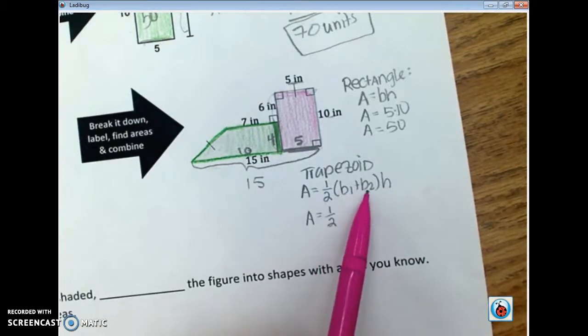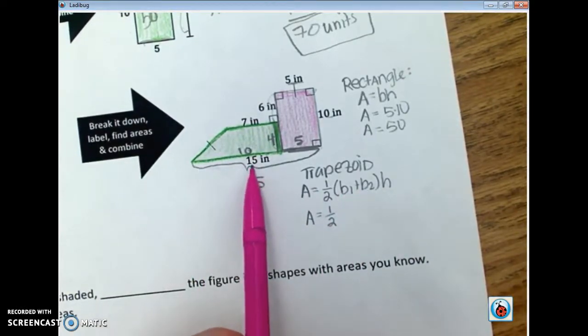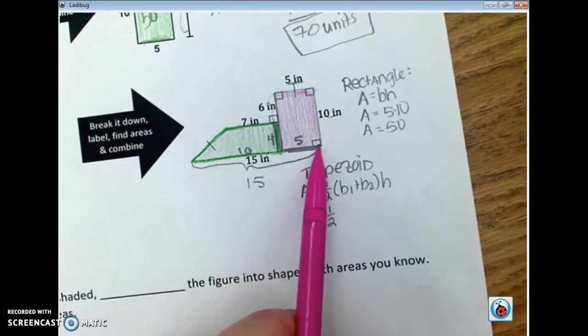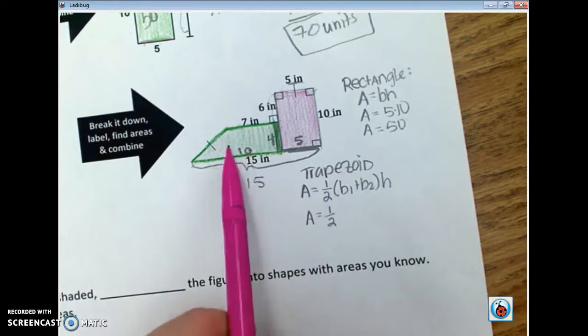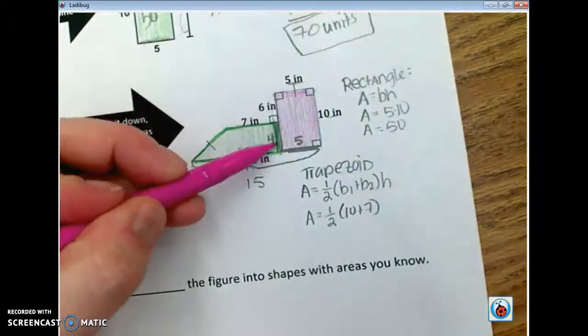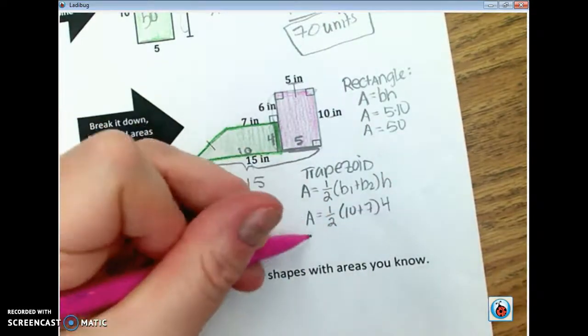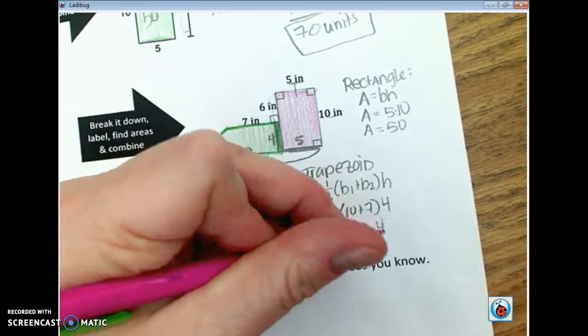All right, remember base 1 and base 2, those are the two lines that are parallel. So that is the 10, not the 15. The 15 was this whole big line. So the 10 goes from this edge to this edge. So the 10 and the 7. And the height is 4. So area equals 1/2 times 17 times 4.